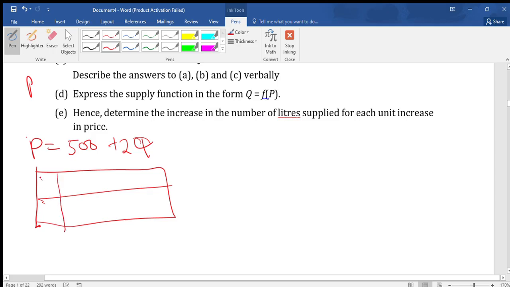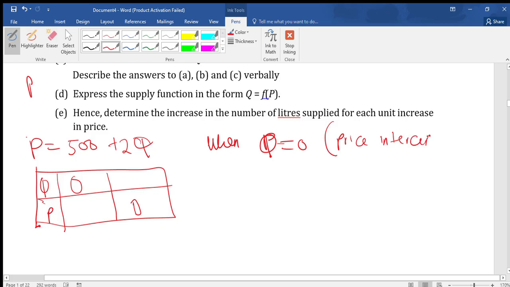So this is Q and this is P. So we'll look at the value when Q is 0 and the value when P is 0. When Q is equal to 0, we're talking about the price intercept being formed here. The price intercept is found when your quantity is equal to 0. The quantity intercept is found when price is equal to 0.